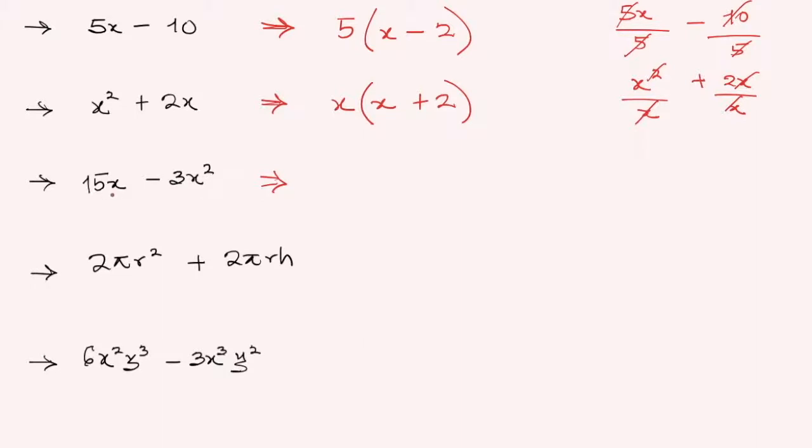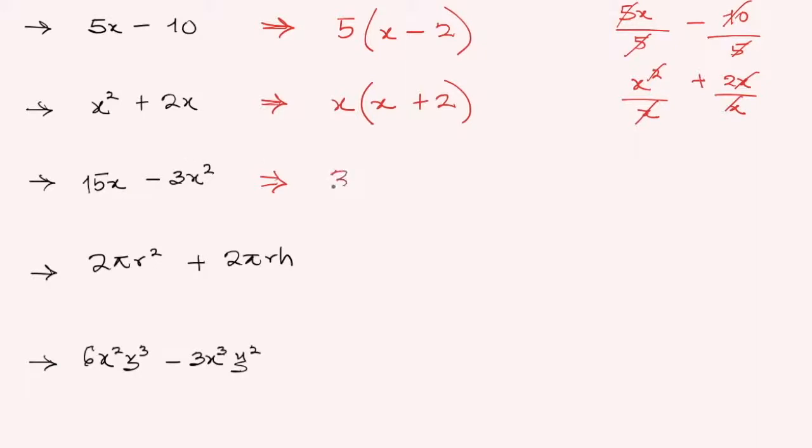Now, 15x - 3x². We can be tempted to say that the common factor here is x. But if you look deeper, you can see that the common factor is actually 3x, because you can obtain 3x from 15x as well.